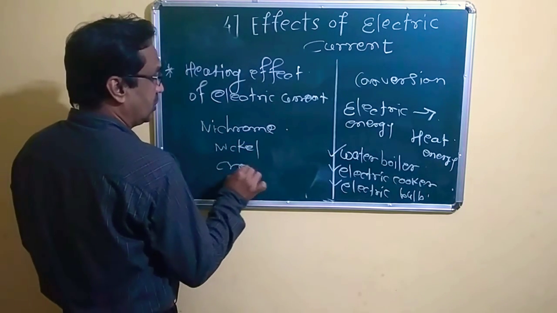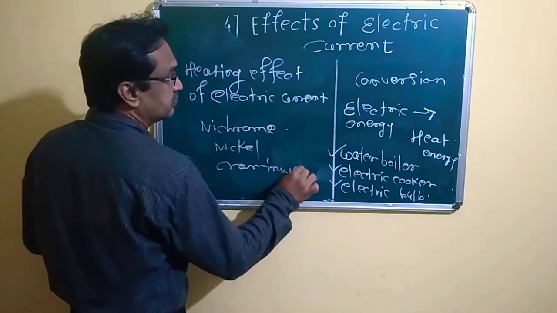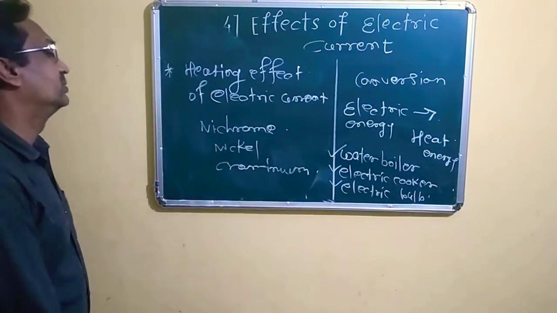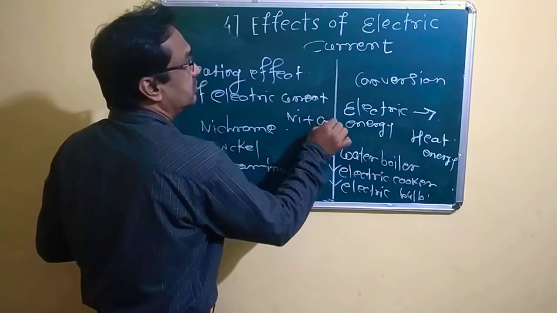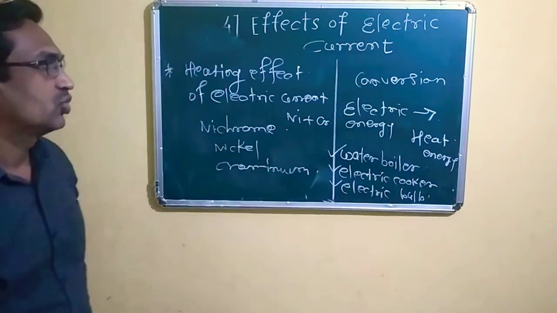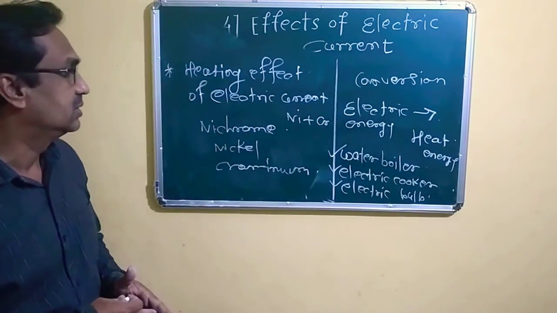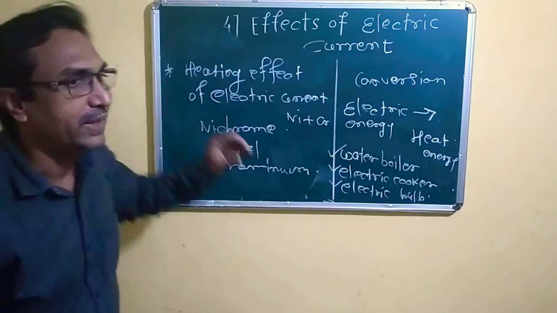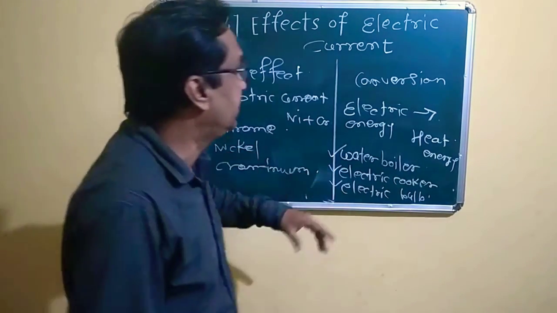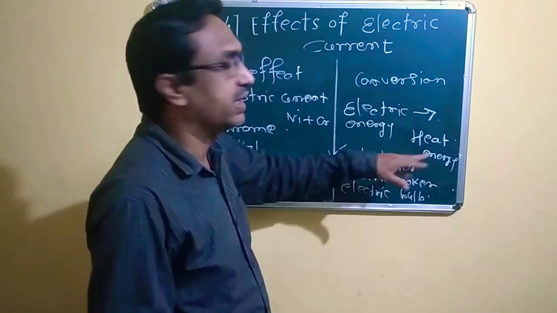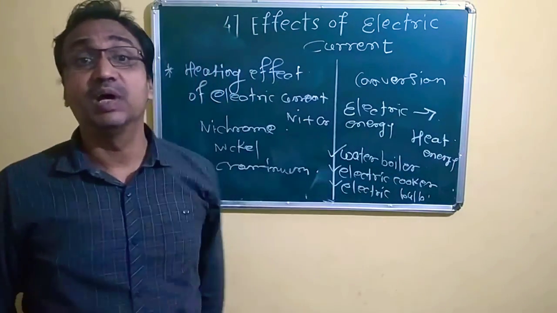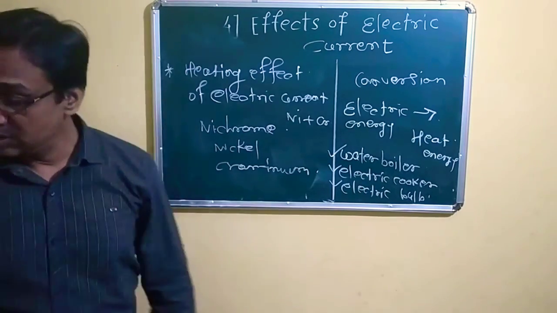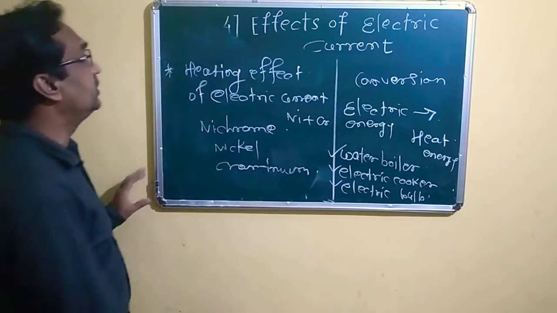This alloy can withstand heat without melting, and it is used as the coil in the water boiler and electric cooker. But in the electric bulb, they have used a filament of tungsten, W.